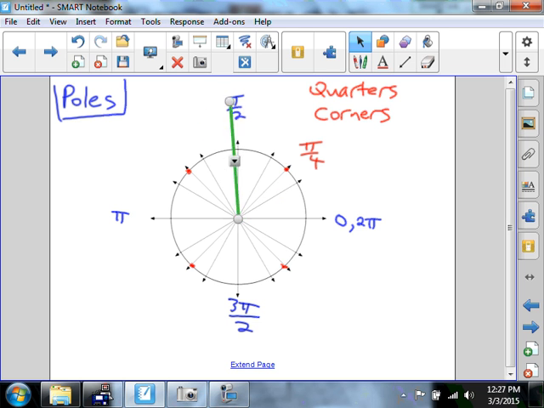Okay, so what's next then? 3/4. And it's 3 pi over 4. Good. Awesome. 3 pi over 4. Okay? So again, counting by fourths, 1/4, 2/4, 3/4, 4/4 simplifies, so we don't need to write that.